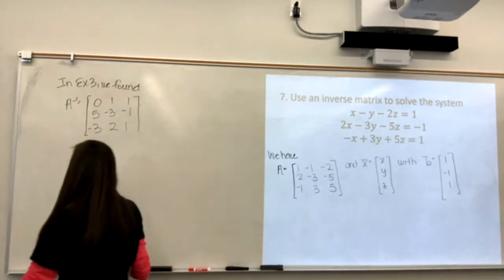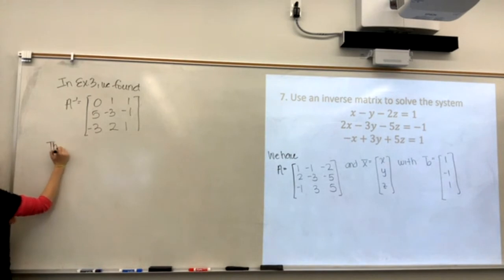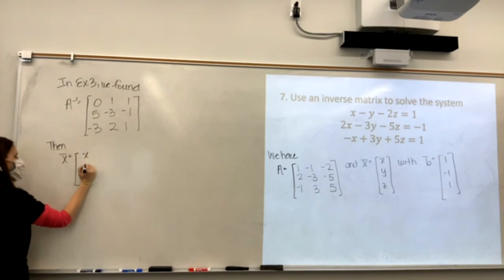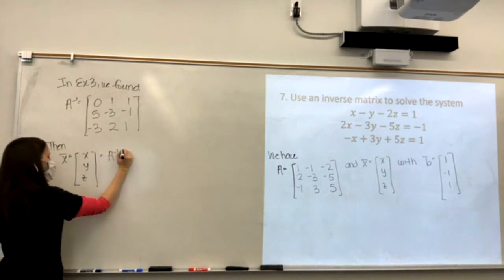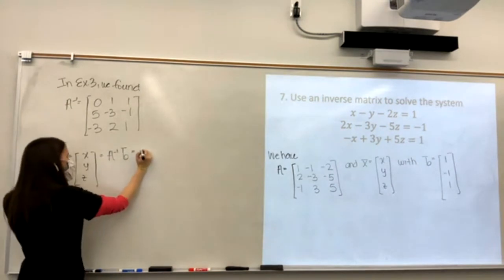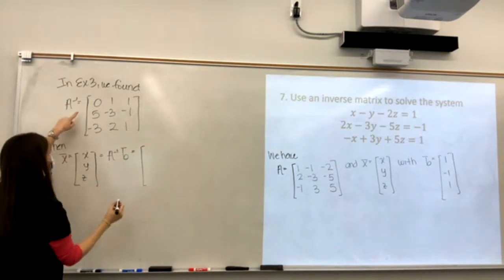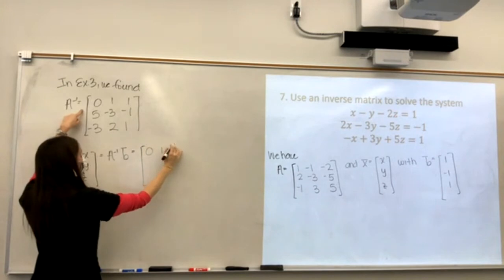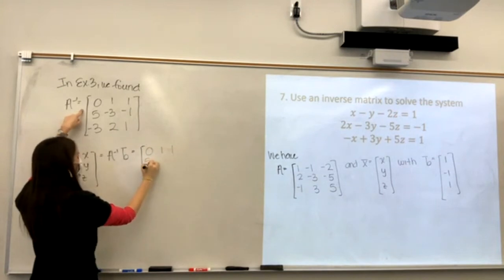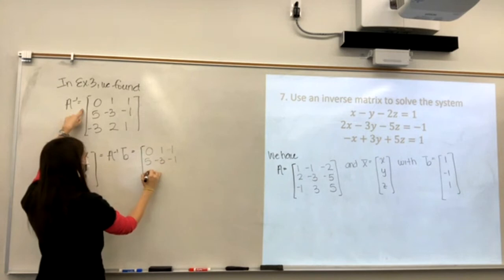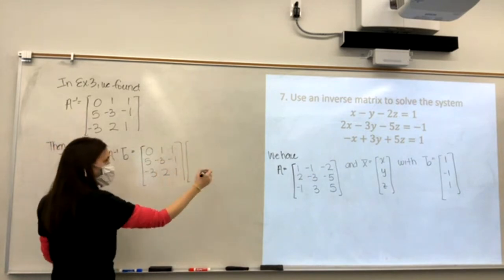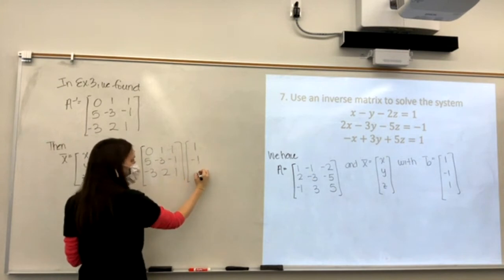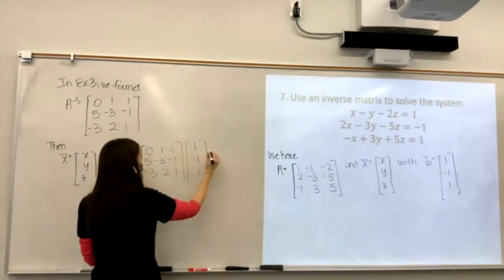You can look back in your notes and double check. Okay. So the theorem says that if I want my unknowns, my X, Y, Z, I can find them by multiplying A inverse times B. So I take my A inverse, 0, 1, 1, 5, negative 3, negative 1, negative 3, 2, 1, and multiply it by our B, 1, negative 1, 1.